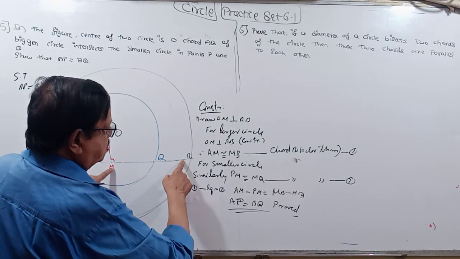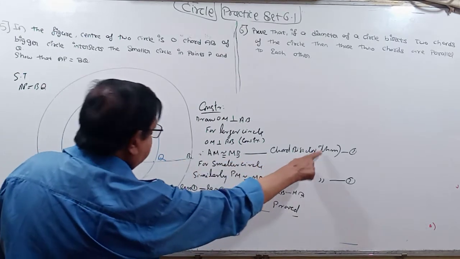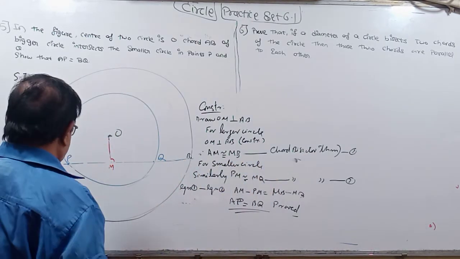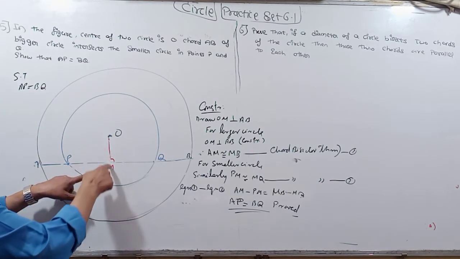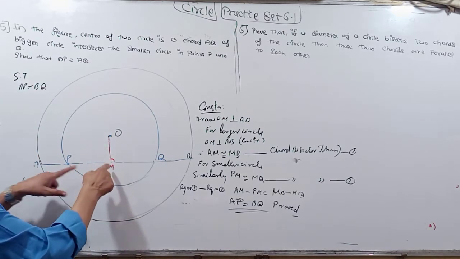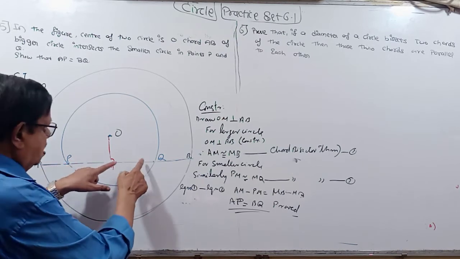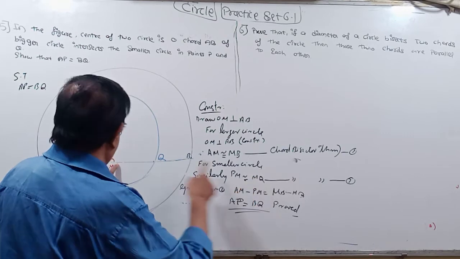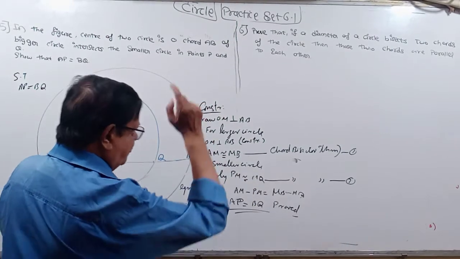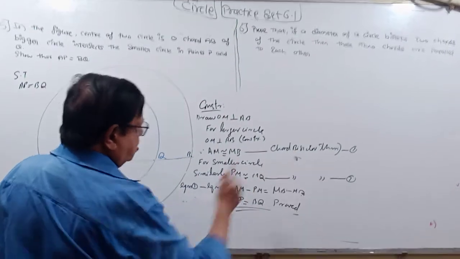Chord bisector theorem. Now, for the smaller circle, same thing. OM is the perpendicular, so PM congruent to MQ. This is statement number 2.